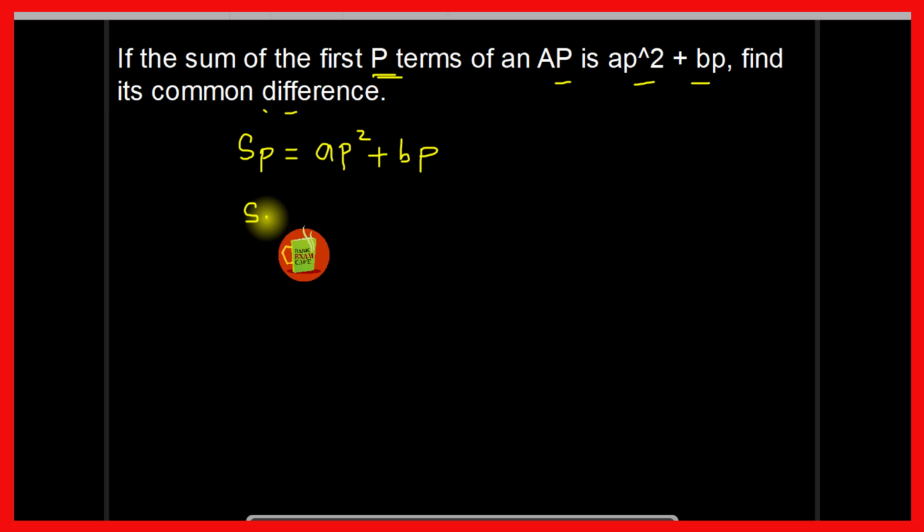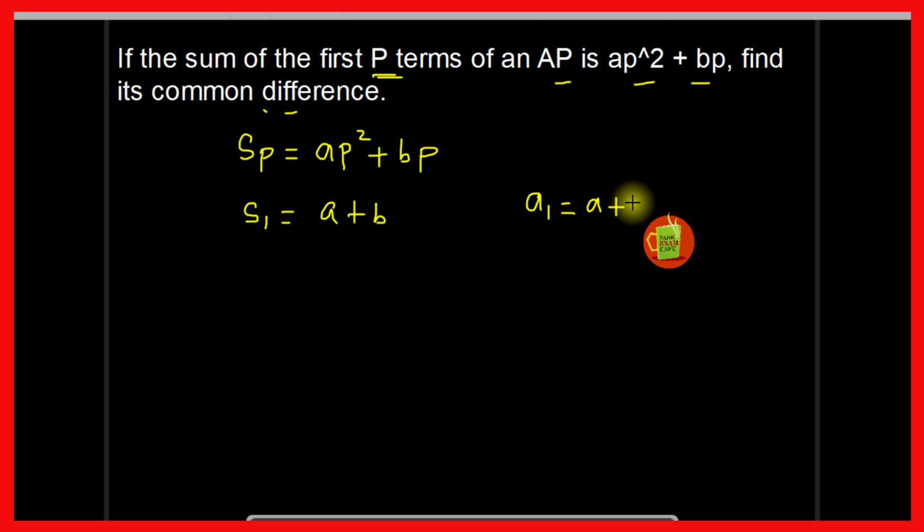Now here, the sum of the first term will be, put the value of p as 1, so 1 square will be 1, and so it will be a plus b into 1, that will be b. Sum of the first term is a plus b, and the sum of the first term means it is the first term only. So the first term of the given arithmetic progression will be a plus b.